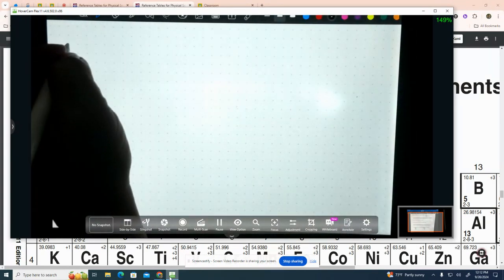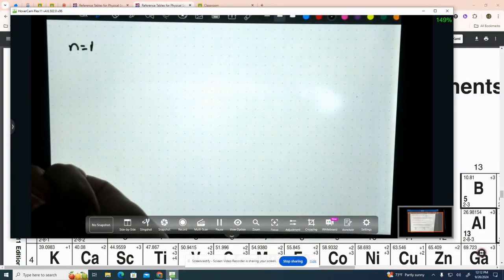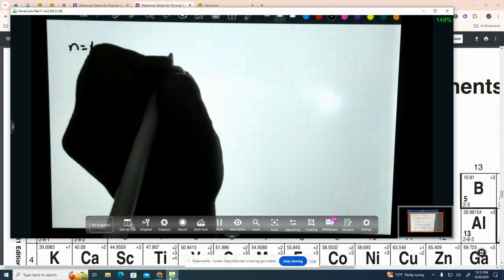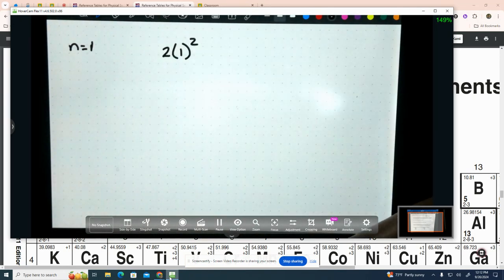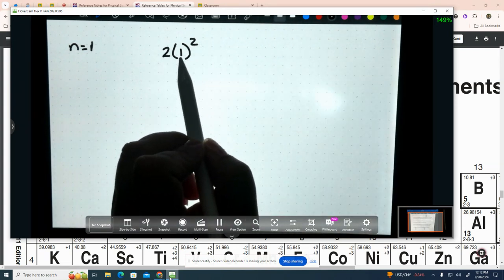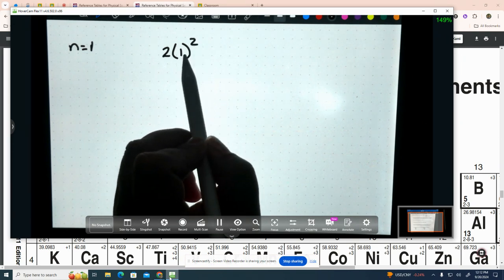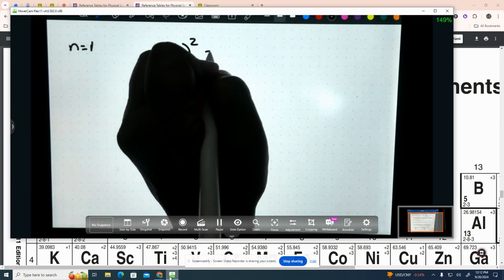If you are in n equals 1, first energy level, first ring, it's going to be 2 times 1 squared. Now PEMDAS tells us we have to do parentheses, then exponent, then multiply. So we're going to do the exponent here. 1 squared is 1 times 2.